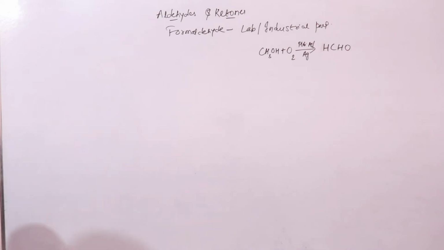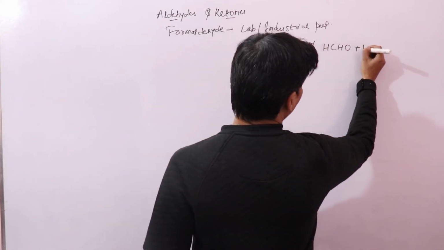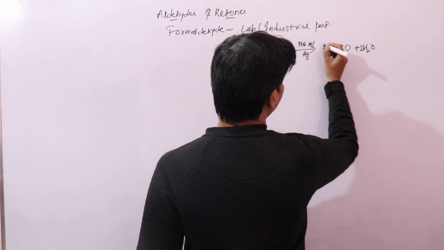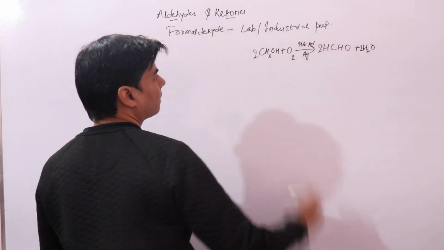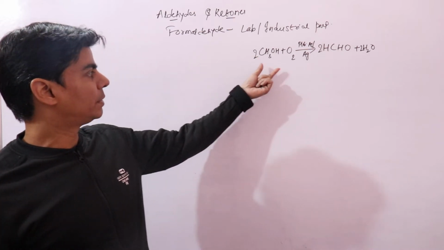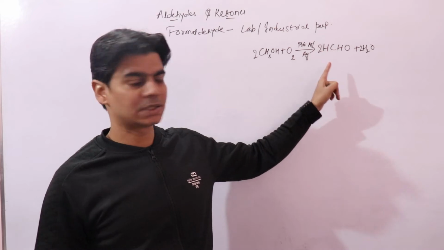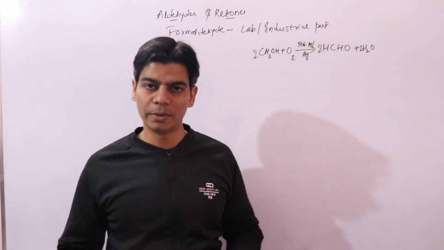This is the chemical equation for the preparation of formaldehyde. Let's balance it. Now we'll look into the setup, how methanol vapors and air together are passed over platinized asbestos and how we prepare formaldehyde.